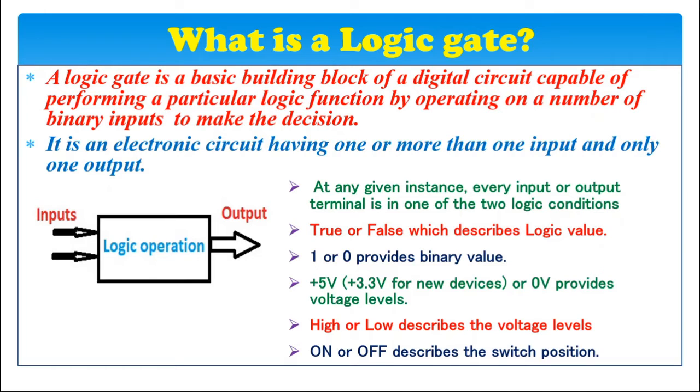The numbers 1 or 0 represent the two possible states of a logic circuit. High and low describe the voltage levels, and on and off describe the switch position.